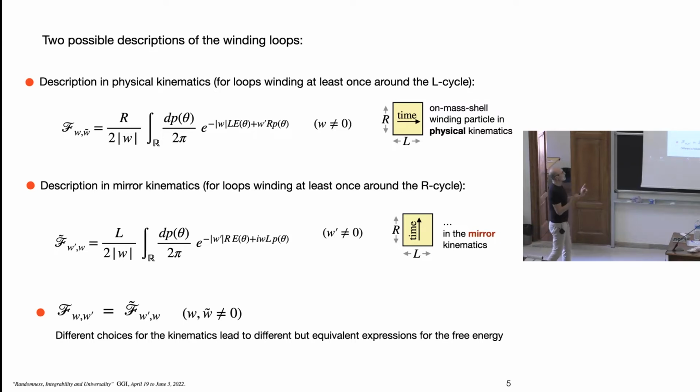One is a particle for which the time is along the L cycle, so we call it physical kinematics, and the other is when the time is taken on the R cycle, and we call it mirror kinematics. Of course, these two descriptions are equivalent, and the two integrals are equal, and this can be checked. They are obtained by the same expression, but also one can be transformed into the other by analytically continuing the contour of integration.